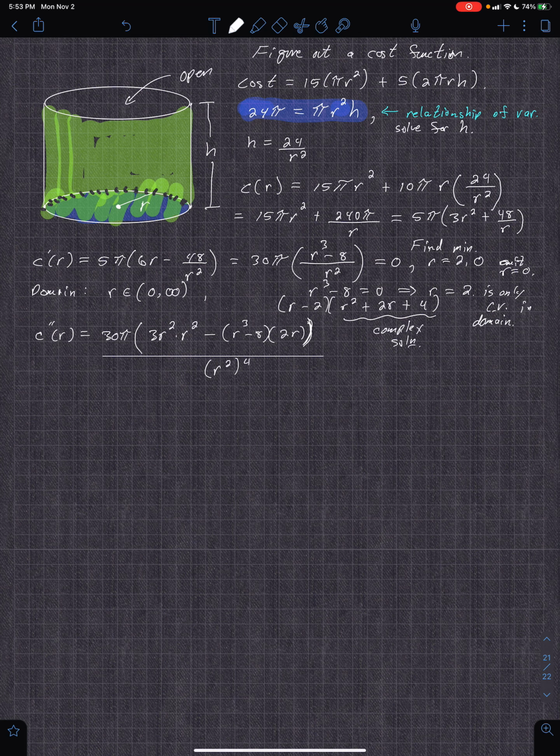So simplify that numerator. 30 pi. Denominator will always be positive because it's to the 8th power. 3r to the 4th is always positive. And it's minus 2r to the 4th.